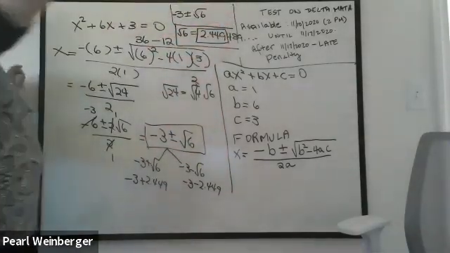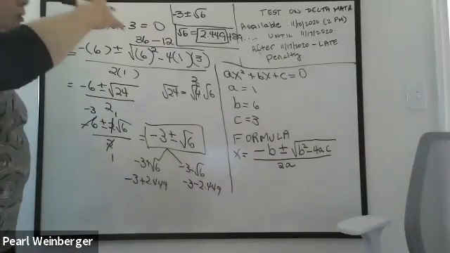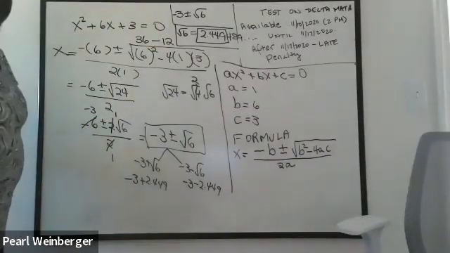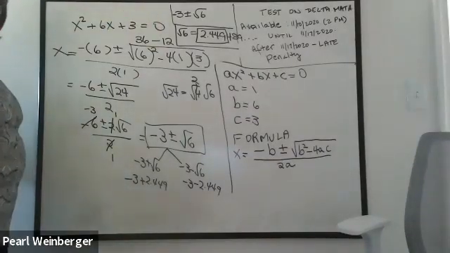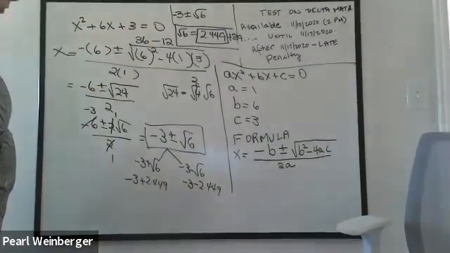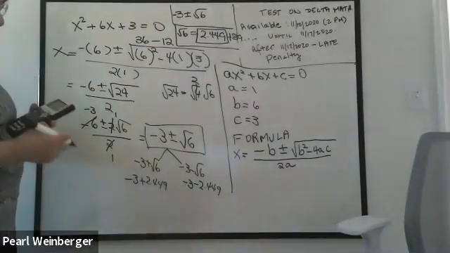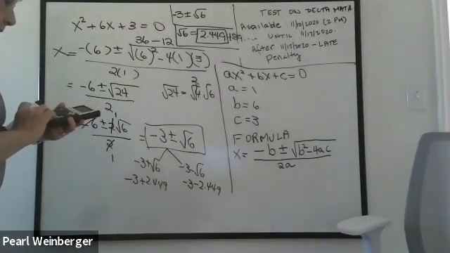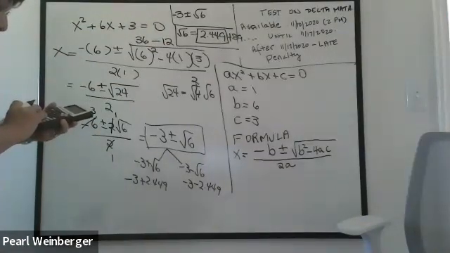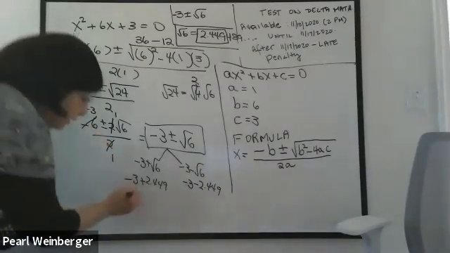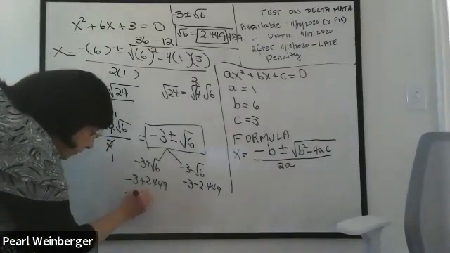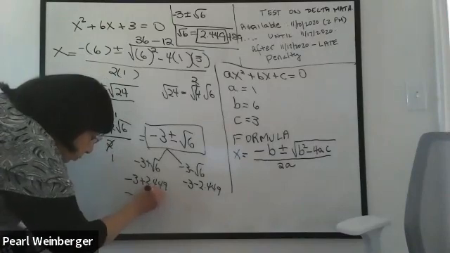In other words, you don't have to put in all 10 digits. Go to 3 spaces after the decimal and take that number as a rounded-off version. And then just do this on your calculator. -3 plus 2.449 gives you -0.551.